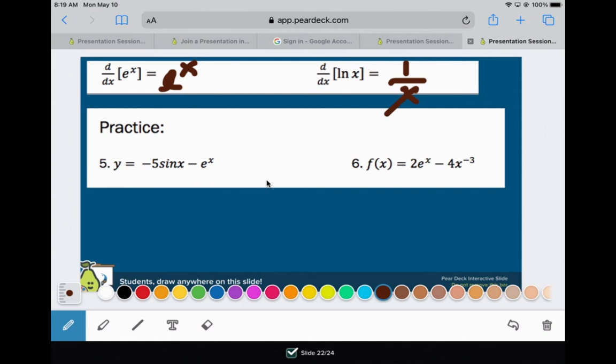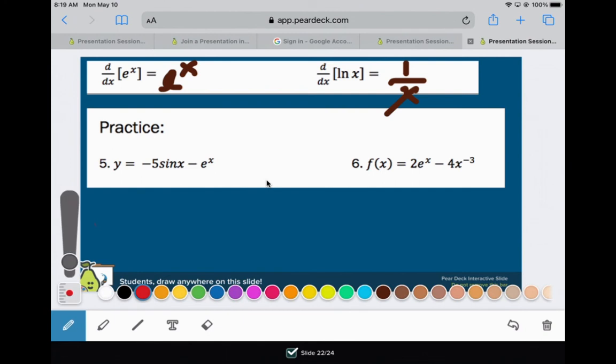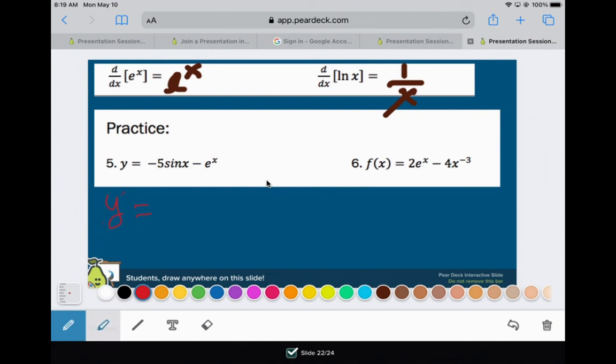So when I'm taking the derivative of this, y prime, I'm going to remember what the derivative of sine is. I mixed the one we just covered, the trig function, with the one that we just talked about. It doesn't matter what I put. You're going to follow the rule that I gave you.